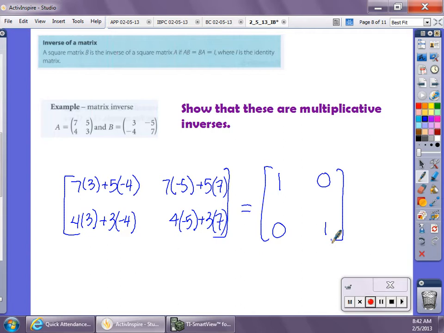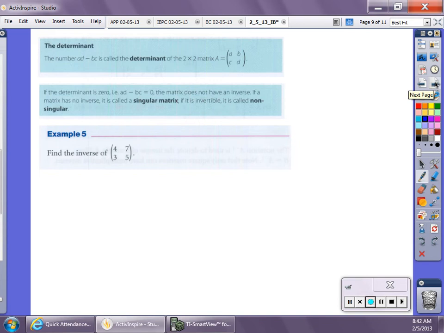If you get a problem that asks you to prove, proving is different than finding. If they ask you to prove that these are inverses of each other, then you need to physically multiply them out, A times B and then B times A. All right, so now we're going to actually find how to do an inverse. So we'll just take matrix A. Finding an inverse.